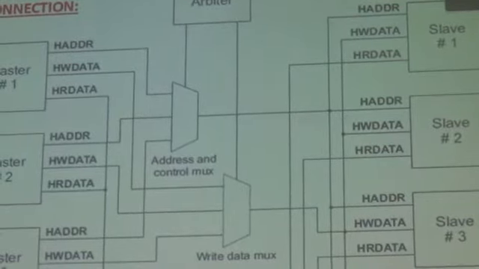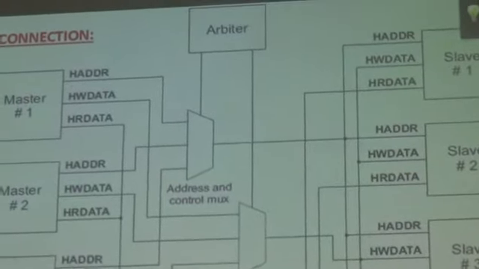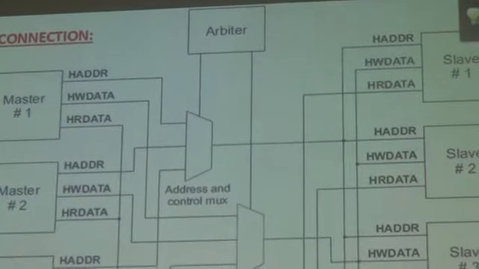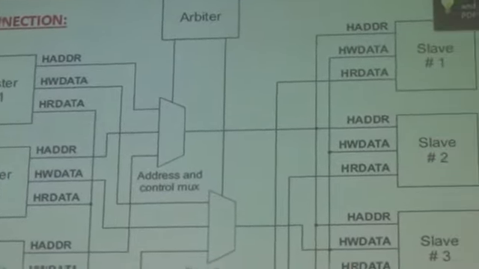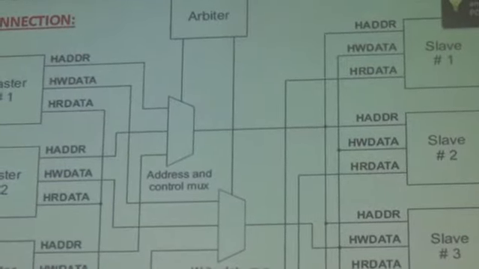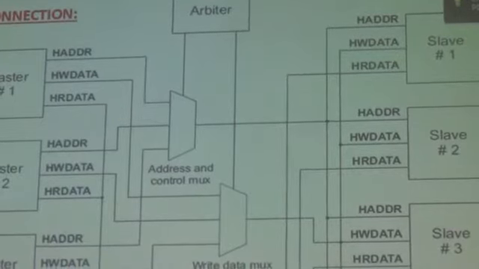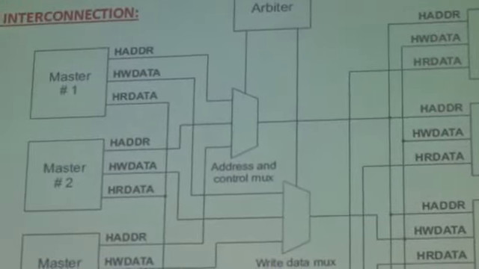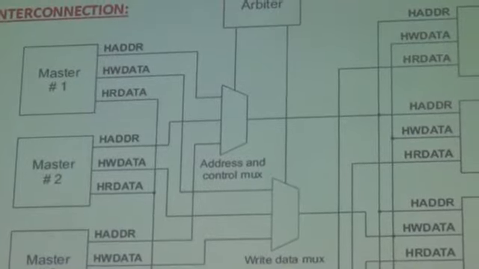So the arbiter cannot grant the bus to master 1. The slave responds with split to the arbiter.